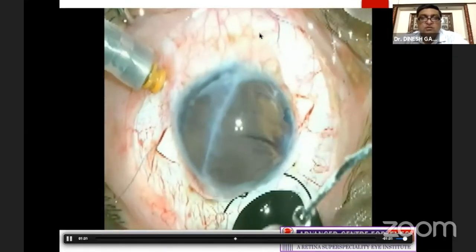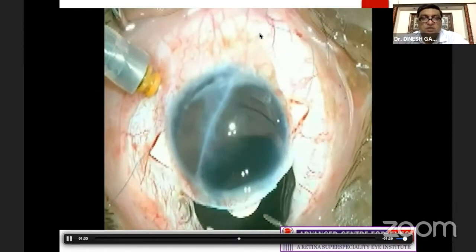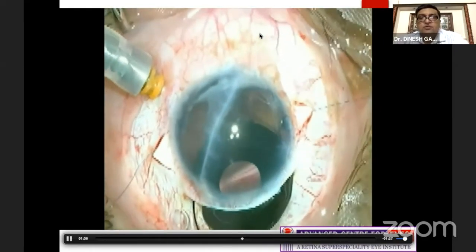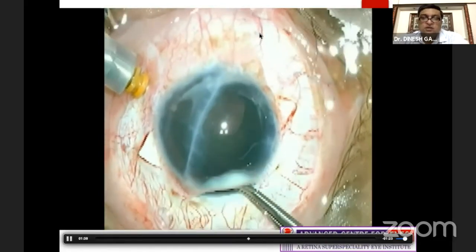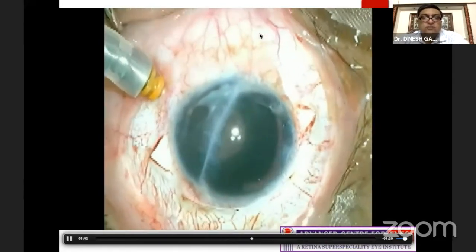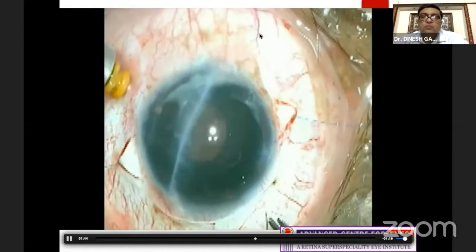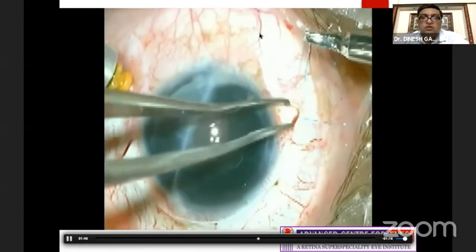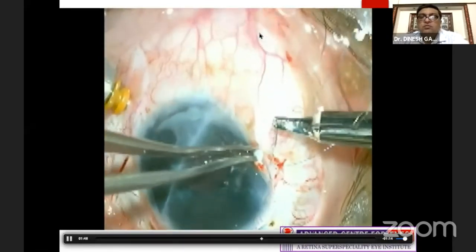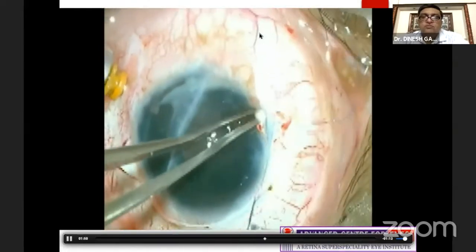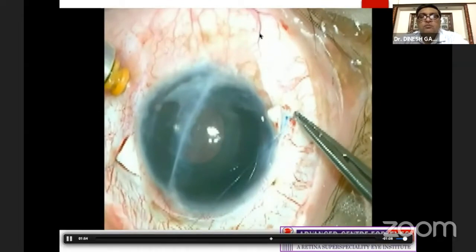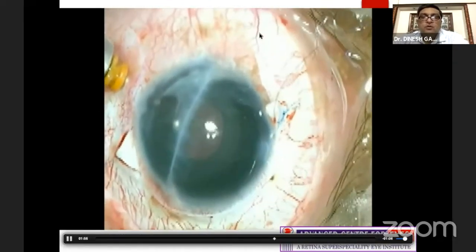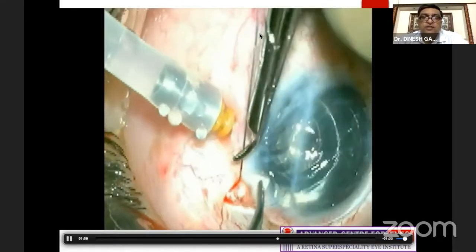So same way, the lens, this is a PMMA kind of lens, because aniridia lenses are large lenses. You need a large incision and fixation. So similarly, the polypropylene suture is buried under the scleral flaps on both sides.